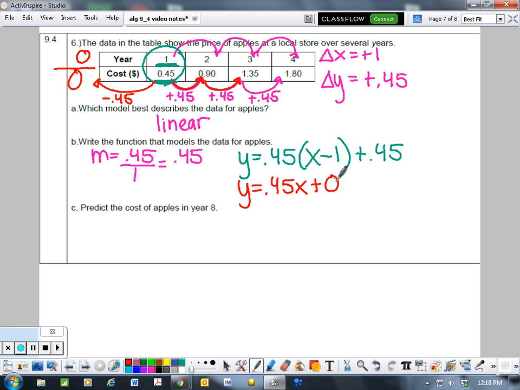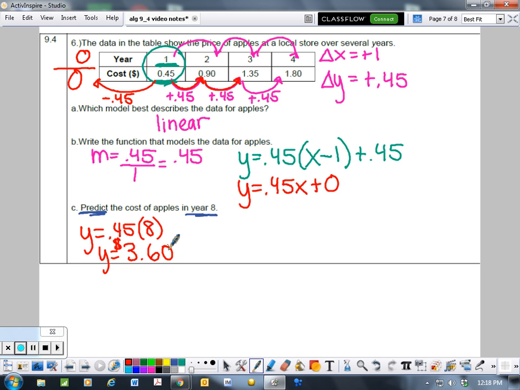So now we could predict, based on our pattern, the cost of apples in year 8. If I used the red equation, I would do y equals 0.45 times 8, which gives us 3.6, so $3.60.